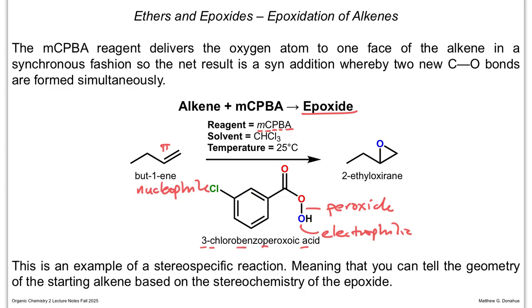And what is happening is, the two carbons of the alkene are simultaneously bonding to that oxygen. So the hybridization changes, and then you get a sigma bond to the same oxygen. So it's a 1-2 addition.